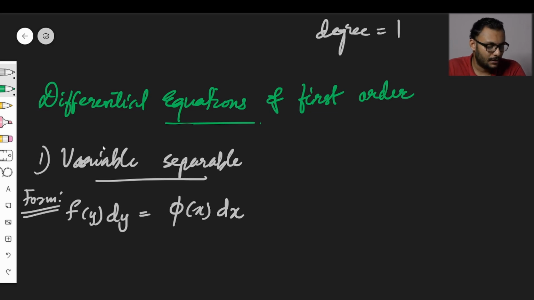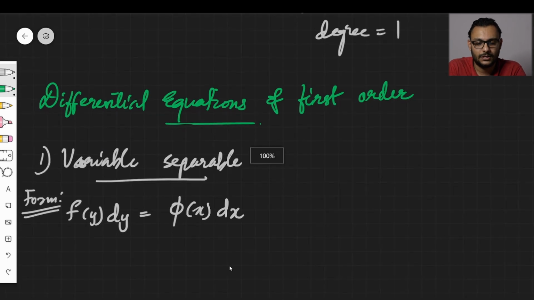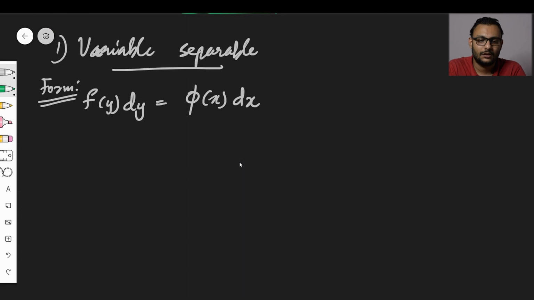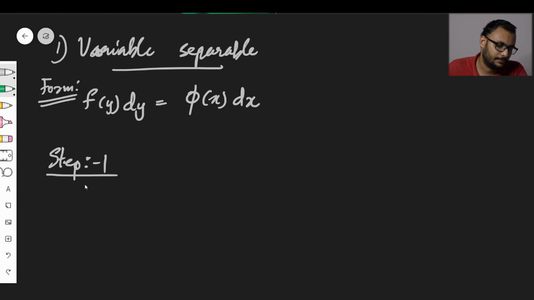Now to solve this type of differential equation, what are the steps to be taken? Let us discuss. Step 1. Separate the variables. The equation may not be given like this, that is, it may not be separated on either side of the equal to sign.